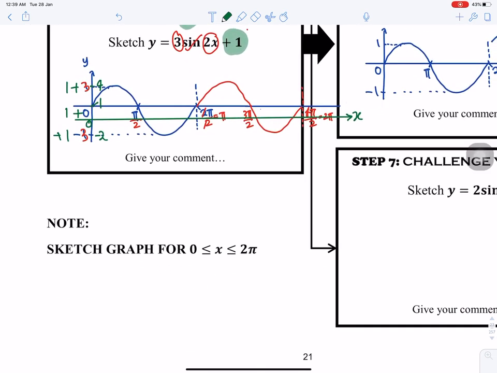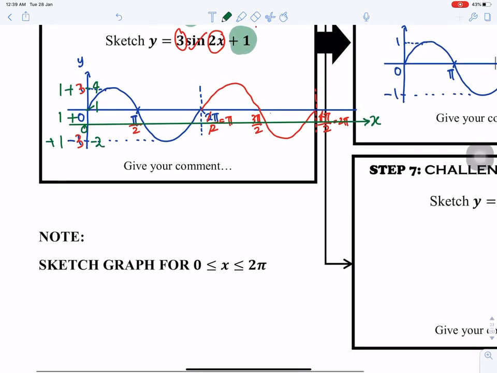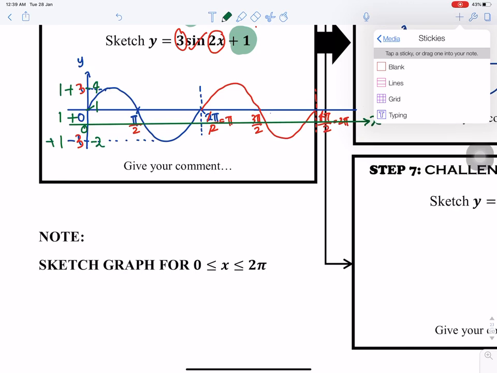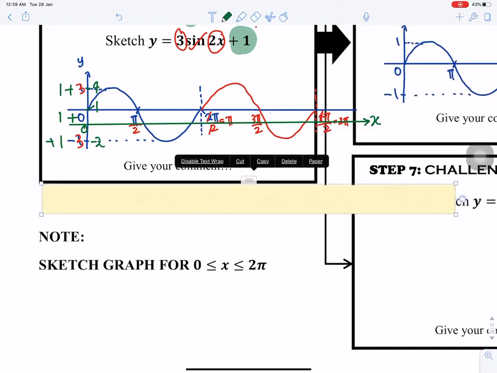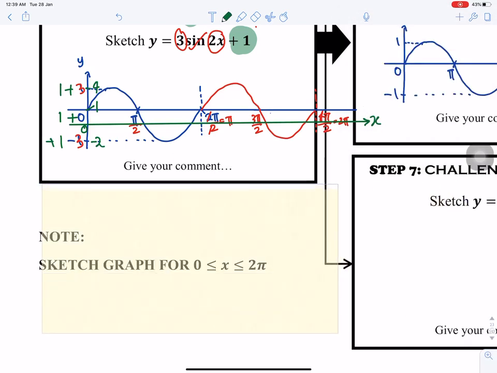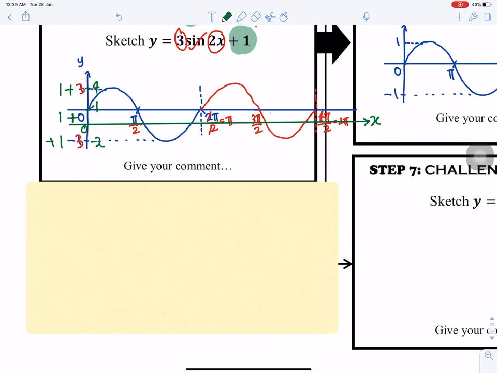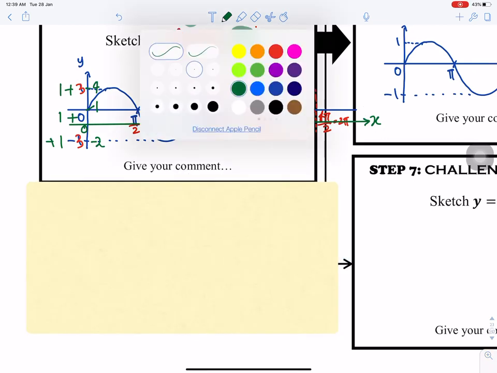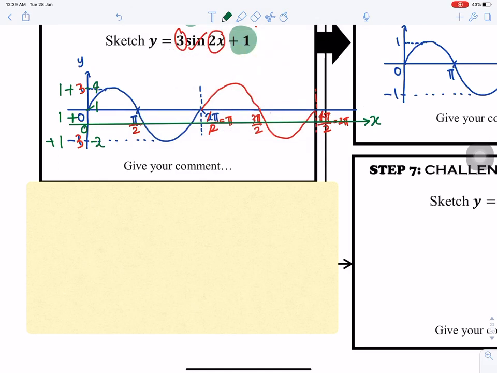Alright, so I suggest you draw another sketch for the graph of this function, so that it looks nice.